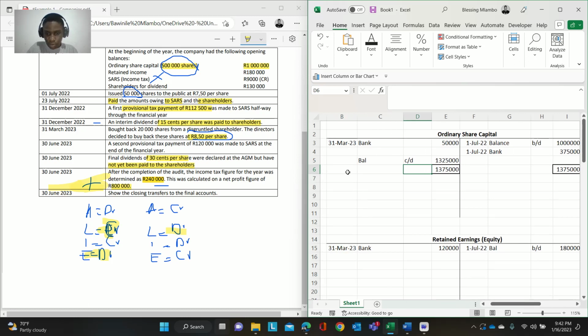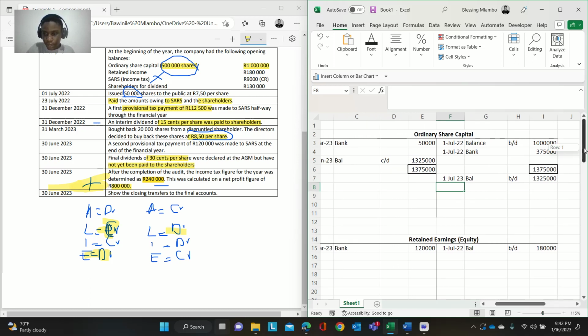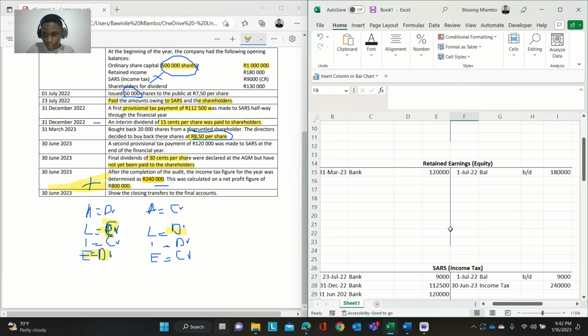So this is going to be my balance carried down on the 30th of June 2023. This is when we're closing off the account, and this balance is going to be the opening balance, or balance brought down, the following year. So this is the 1st of July 2023. So we're done. We closed off the ordinary share capital, or we balanced it off.